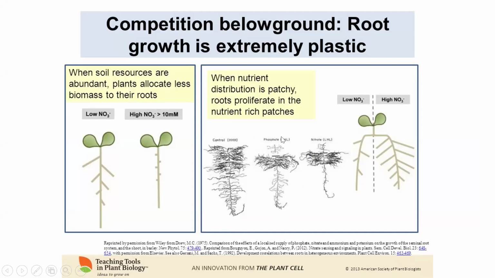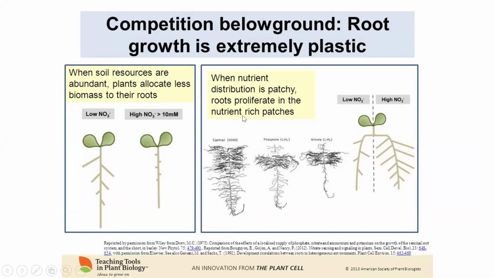Now, competition also occurs below ground, so when resources are abundant, the plants allocate less biomass to their roots. So low nitrogen, you can see more root growth, high nitrogen, not so much.